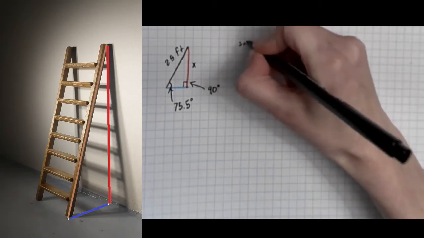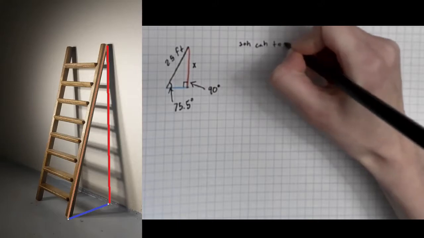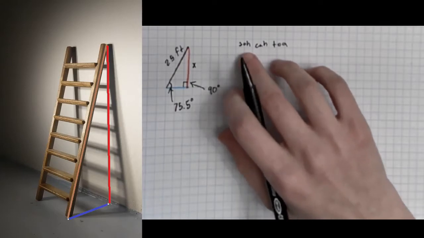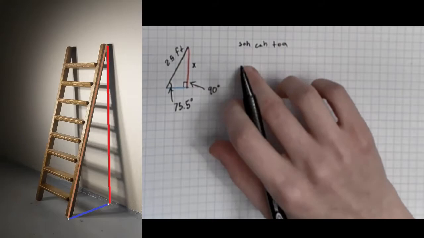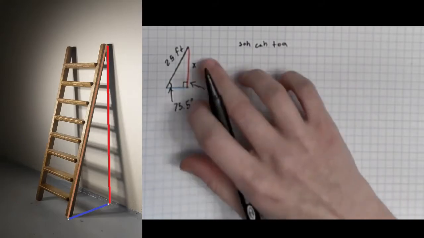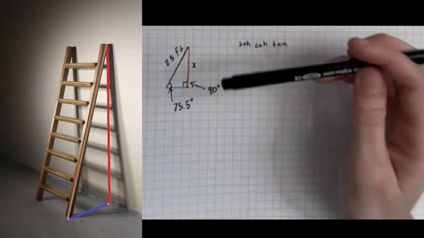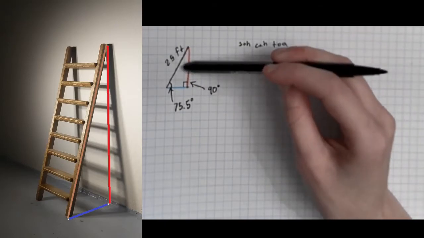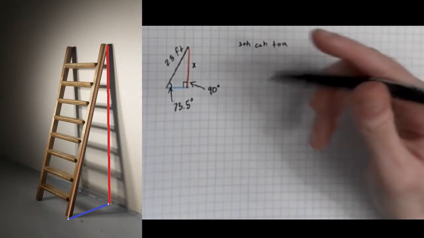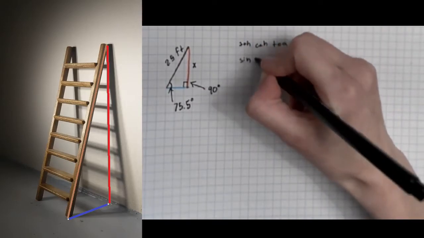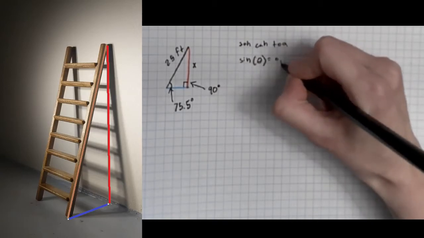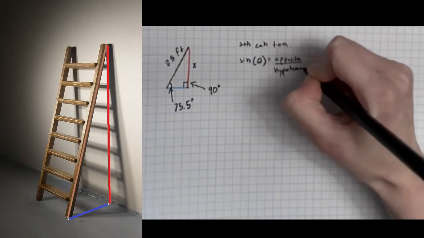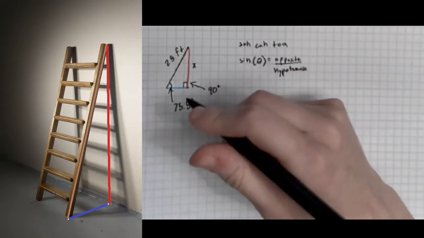Out of these three options, sine looks like it's going to be the best bet for us because the sine of theta is opposite over hypotenuse, and since we have this right here and we're trying to find this, we can do opposite over hypotenuse, and that should get us where we're going, because it'll look something like sine of theta is opposite over hypotenuse.